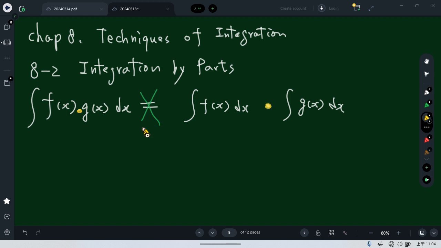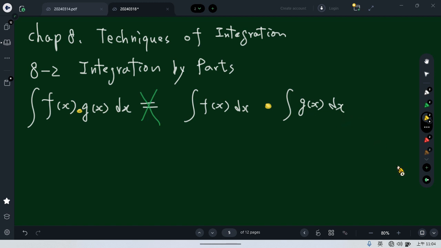If this operator is addition, it's fine. But if it's not addition, not subtraction, you cannot just split it into the right-hand side.